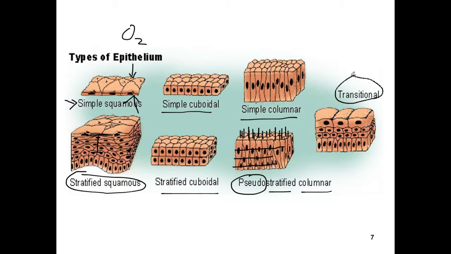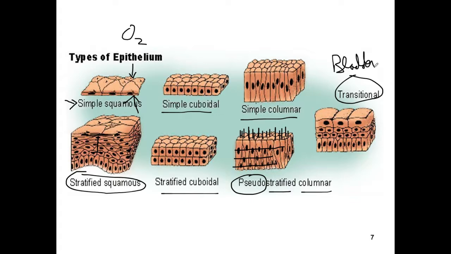Transitional is unique. We find those where we have the urinary bladder, and the urinary bladder can be distended, right? Think of a balloon. If you have a deflated balloon and you draw a square on it, and then you exhale into the balloon, inflating it with air, what happens to the square that you drew on it?